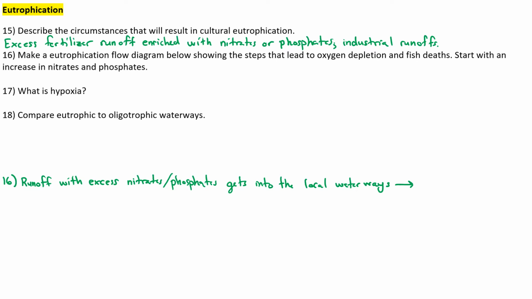This leads to something called the algae bloom, where a lot of algae grows all at once due to the excess nutrients available in the water.